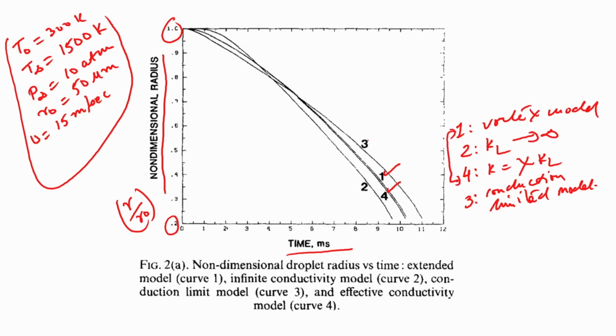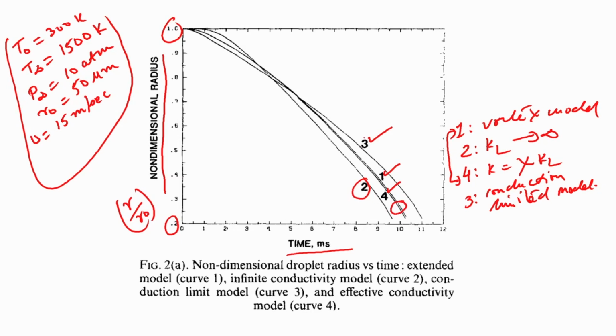On the other hand, 3, which is the conduction limited model, slightly underestimates the decrease in the droplet diameter. Underestimates means it takes a little bit longer time. That is 3, the conduction limited model, and 2 is on the other side of the spectrum, that means a very high level of thermal conductivity. So, it is natural that our results will fall somewhere in between these two limits. Why will number 3 be slow?